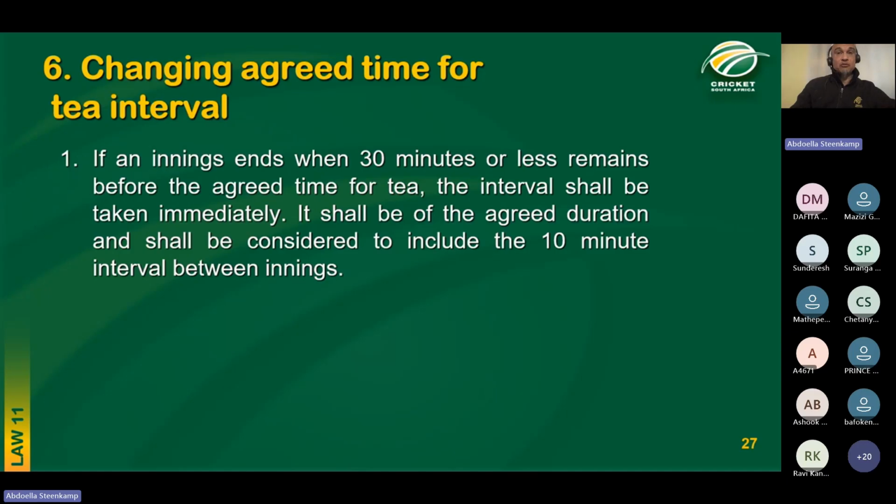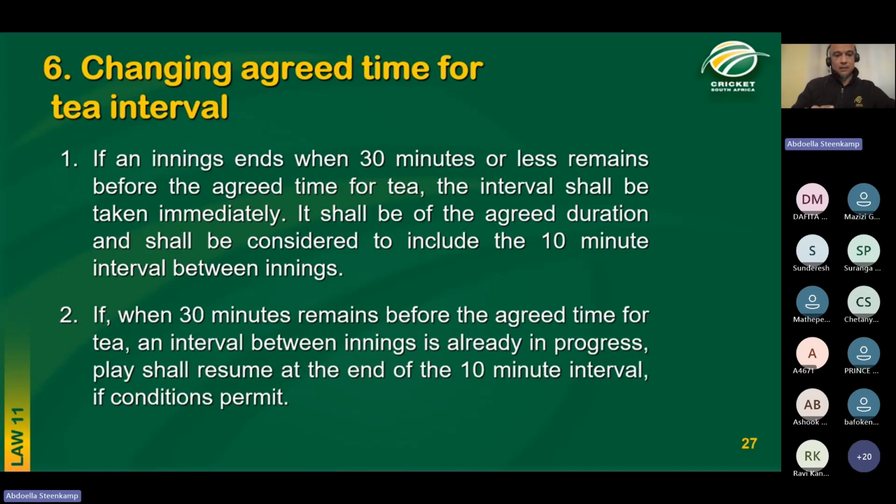When it comes to the flexibility that the lawmakers brought into the tea interval, to allow us to maximize play during the day: if an innings ends when 30 minutes or less to go to our tea interval, we will take our tea interval immediately. An example of point number 1: let's say our tea is at 3 o'clock.